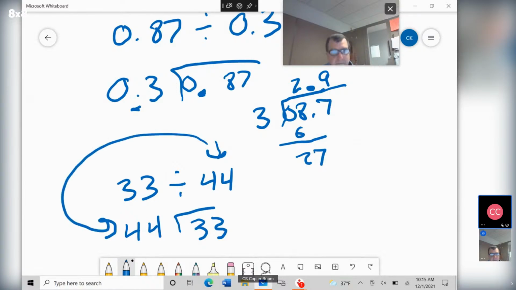When you get your answers, you can look at them. If you didn't make that change, you're not going to get the right answer. So remember, the second number is always going to go on the outside, and the first number is going to go on the inside.